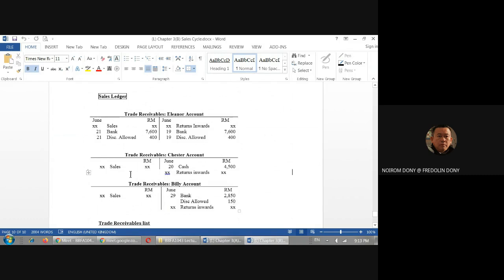So what you have here is all the possible entries that you could have in the trade receivables account. So try to understand it. Why is sales on the debit side? Because it increases the amount of trade receivable, a debit item. This one is different. It's not increasing, but it is reversing the entry that we have made because of dishonored.